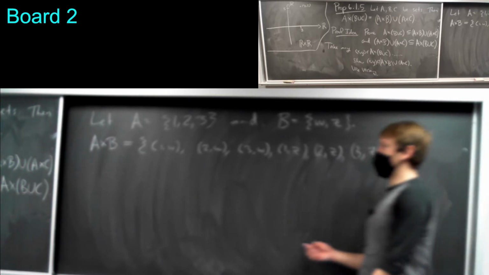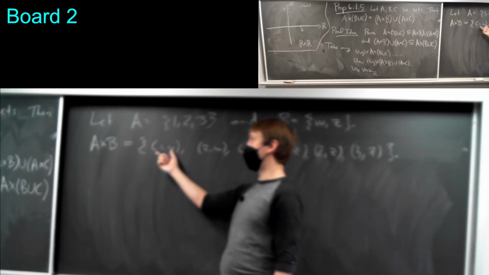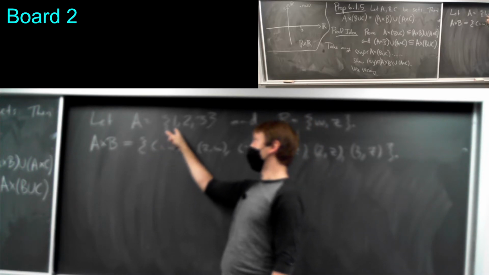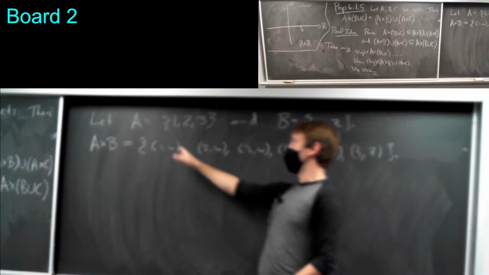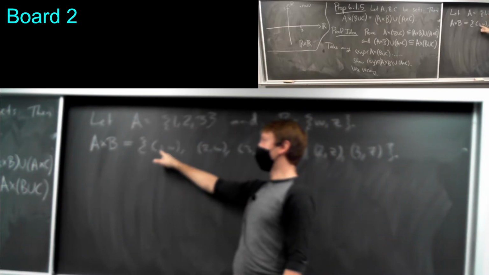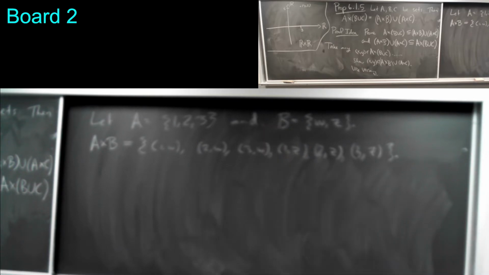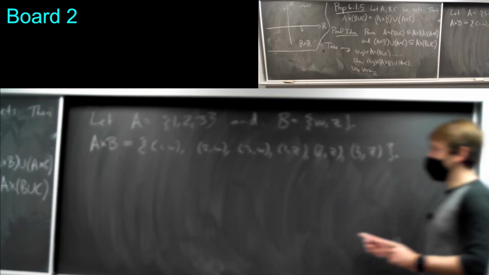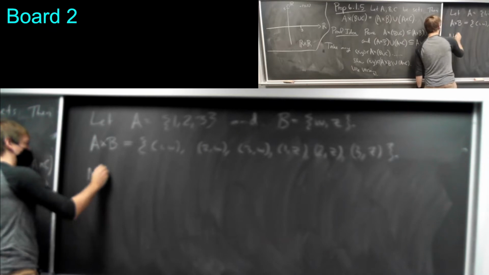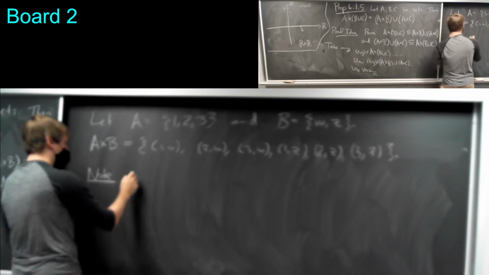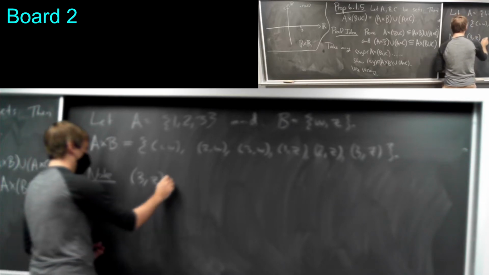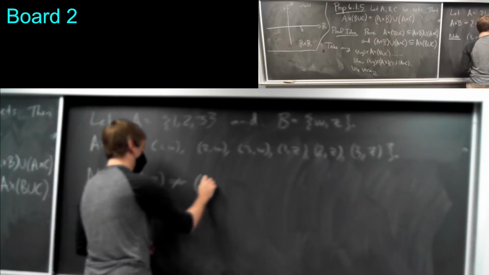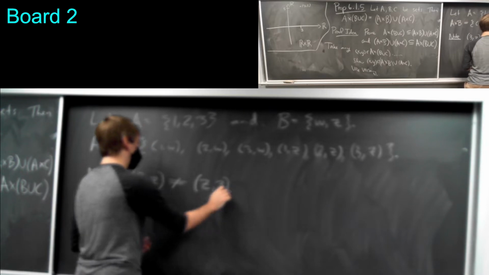So hopefully this is kind of easy by definition, right? What I did was I looked at all the ways of taking one thing from here and one thing from here, putting the element of A first and the element of B second. Now the order is important here. For example, note that if I take (3, Z), that's not the same thing as (Z, 3).